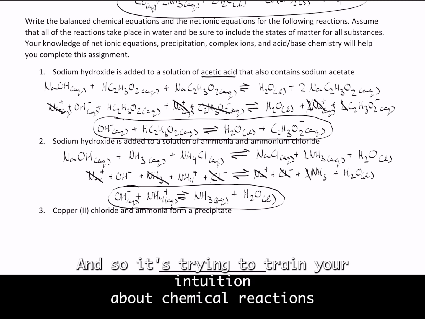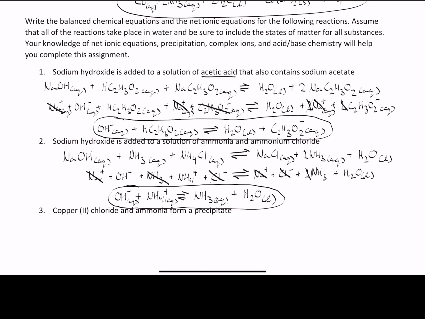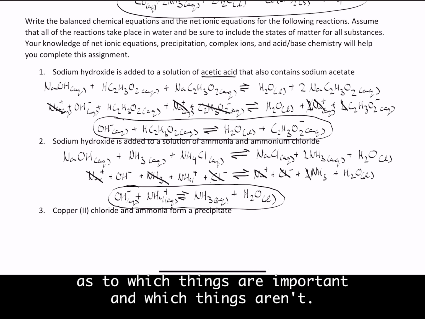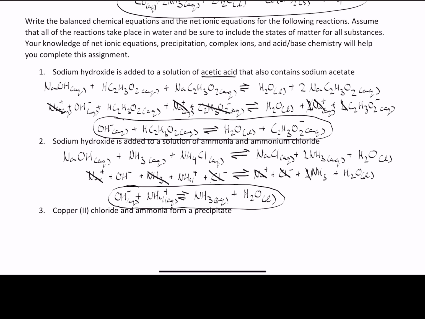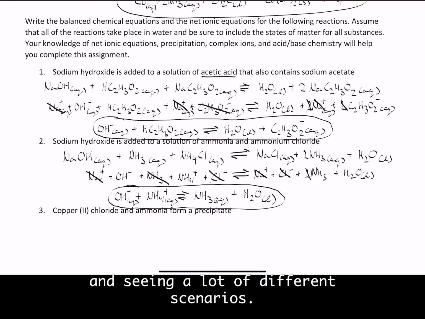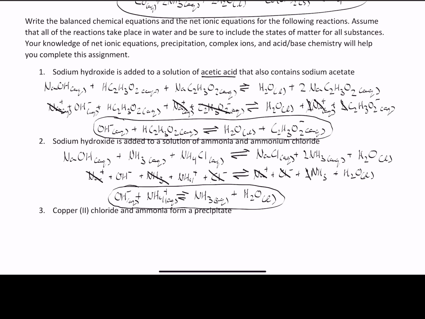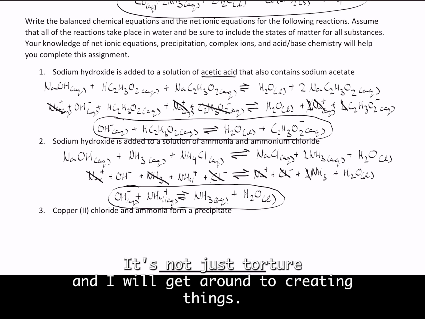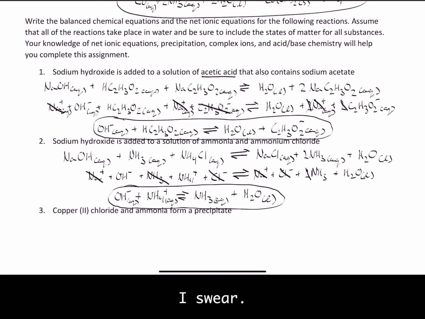It's trying to train your intuition about chemical reactions as to which things are important and which aren't. The only way you can do that is by doing a lot of them and seeing a lot of different scenarios. So it's not for nothing. It's not just torture, and I will get around to grading things, I swear.